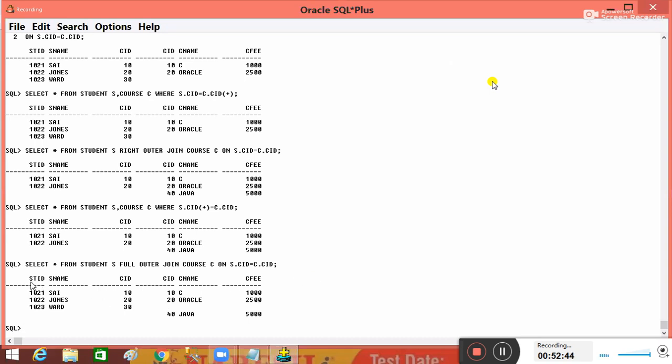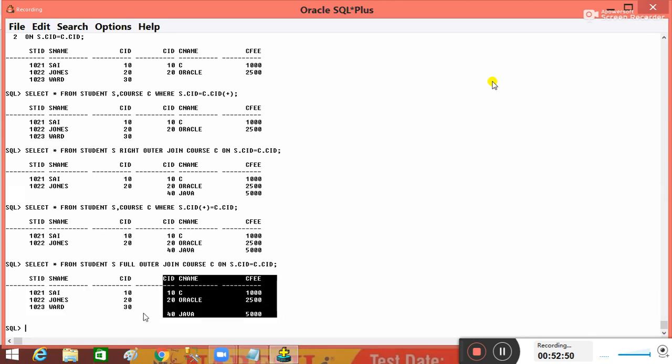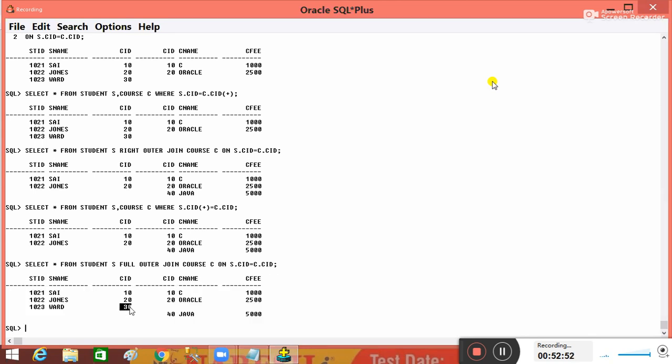Now we can see the matching and unmatching data from the student table and from the course table. Whenever there is unmatching data in the student table, that row takes nulls in the right side table. Whatever unmatching data is in the right side, that takes nulls in the left side table. So matching and unmatching data both we are getting from the tables. Fine. So this is the ANSI we wrote.